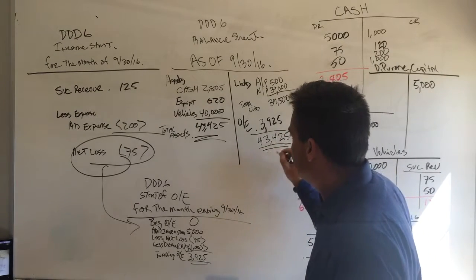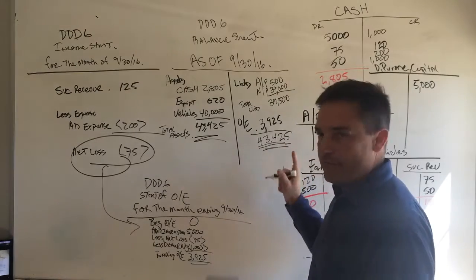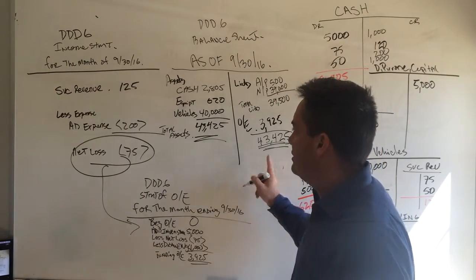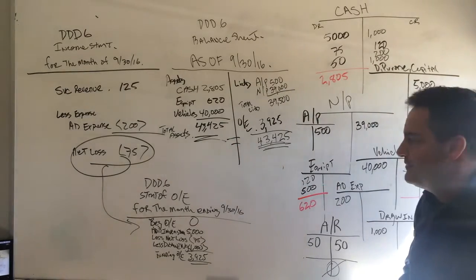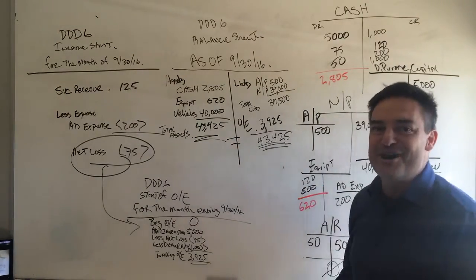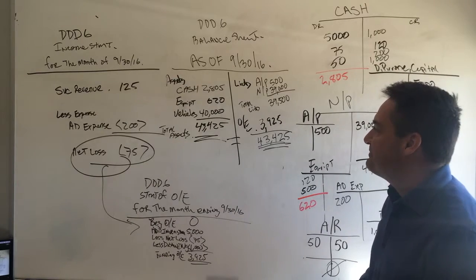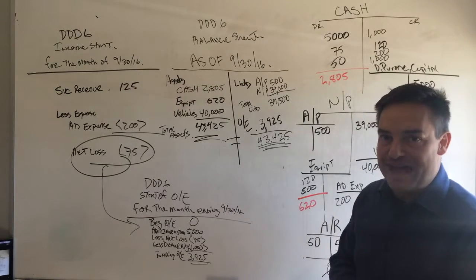And this number here, the number on the right side of the balance sheet, equals the number that is on the left side of the balance sheet. So we're happy about that, because that's just what is supposed to happen.